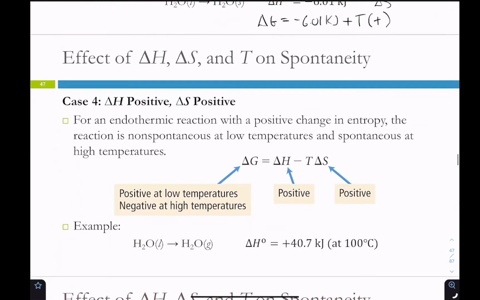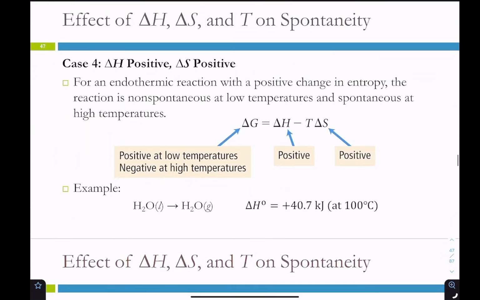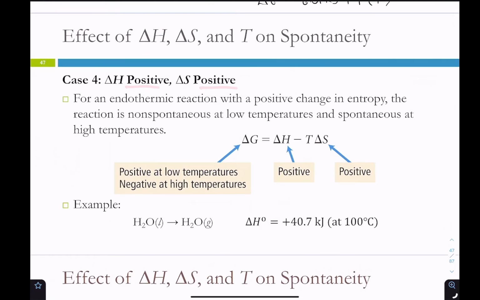Then the last case that we haven't covered is going to be positive for both enthalpy and entropy. So for an endothermic reaction with a positive change in entropy, so now we've got a liquid, water boiling, forming a gas, at least at 100 degrees C. This is going to be delta G equals positive 40.7 minus T times a positive change in entropy.